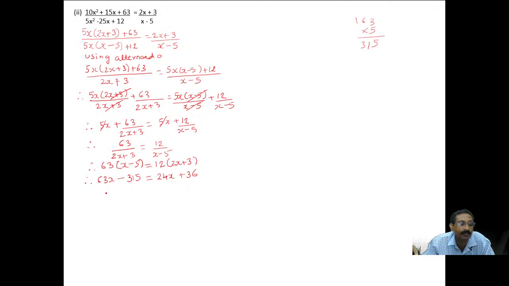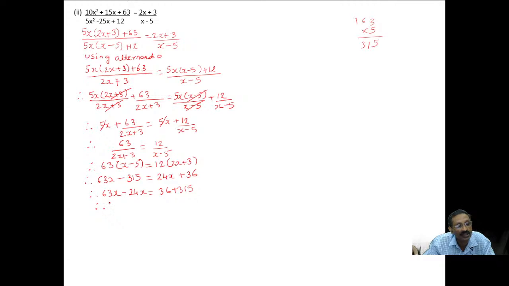Now what can be done? I will take the x terms on one side and the constant terms on the other side. But when we are transferring a term, we have to be careful with the signs. Therefore, 63x, when this 24x comes to this side, it will become minus 24x, which is equal to 36. This minus 315 comes to this side and becomes plus 315.